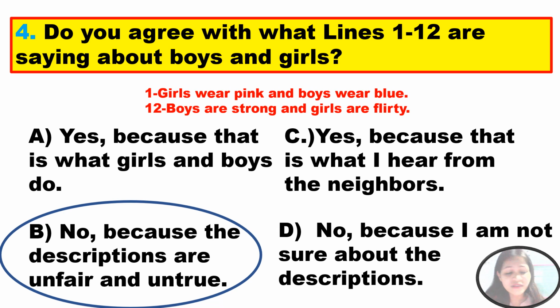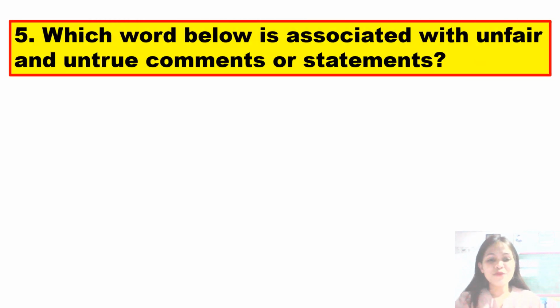If you are a girl, do you like to be called flirty? What do you think? Number 5. Which word below is associated with unfair and untrue comments or statements?